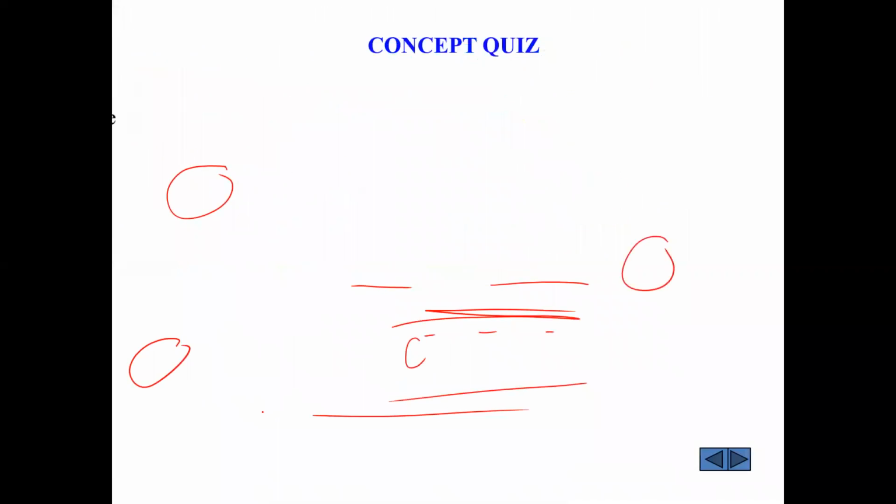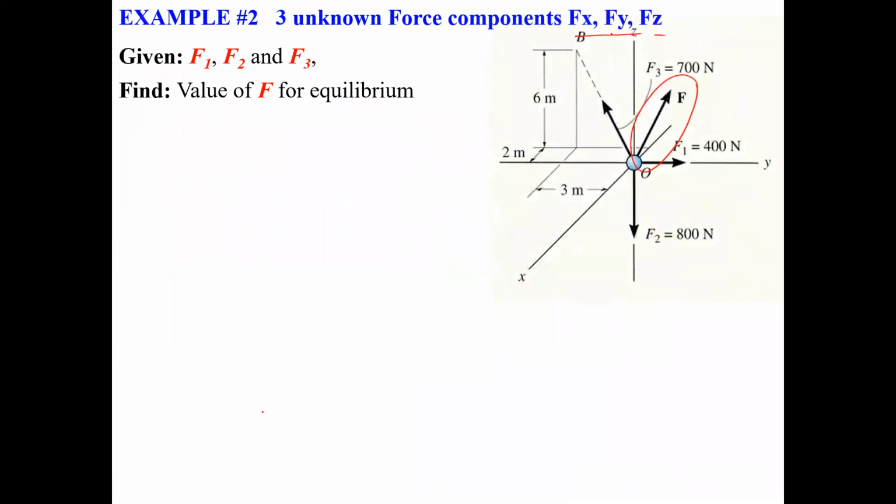This one's a little bit different in that we only have one unknown force. So it's slightly different, but you noodle through it the same way.